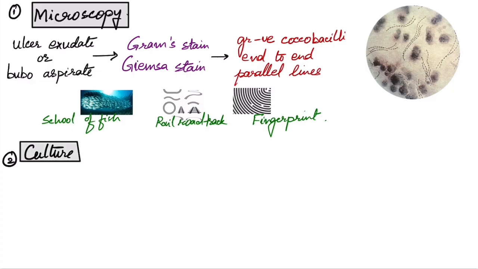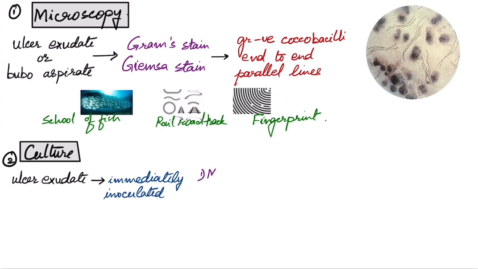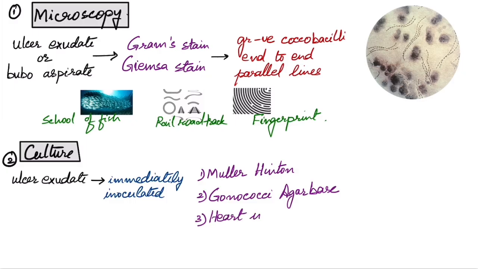Next is culture. We can usually culture the bacteria from the ulcer exudate, though it can rarely be done from the bubo aspirate as well. So, since there is no transport media for this bacteria, it is immediately inoculated into the specific media for Haemophilus ducreyi, and they are Muller-Hinton, Gonococci agar base, and heart infusion agar.